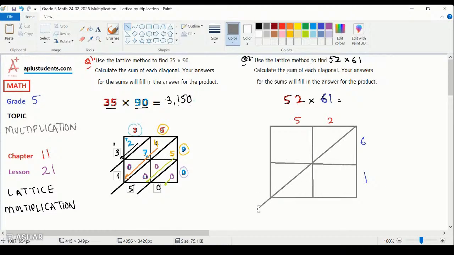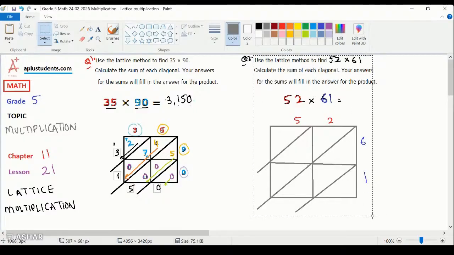A diagonal drawn, and a diagonal drawn over here. Agreed? Once we are done with drawing the diagonals, let's see what the answer would be. 2 multiplied by 6 is 12, right?